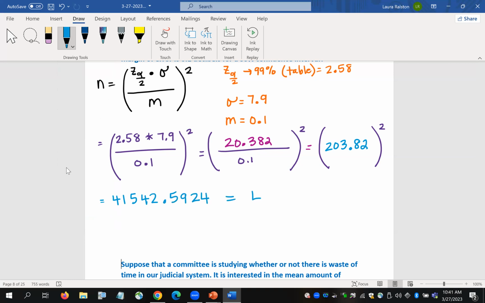So I would really need to sample 41,543 corridors in order to have a margin of error of 1/10 for my 99% confidence interval.